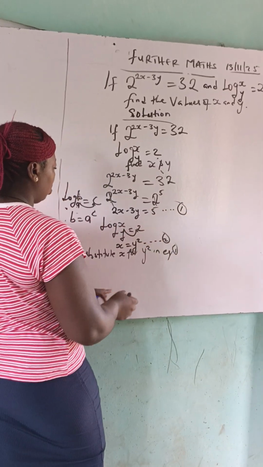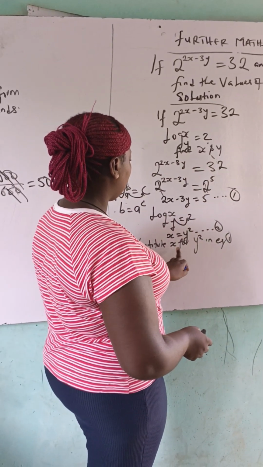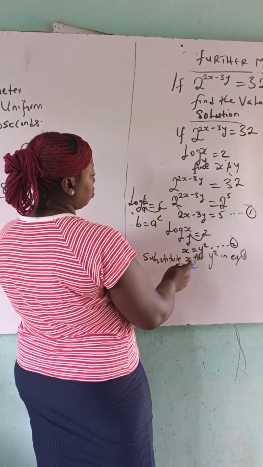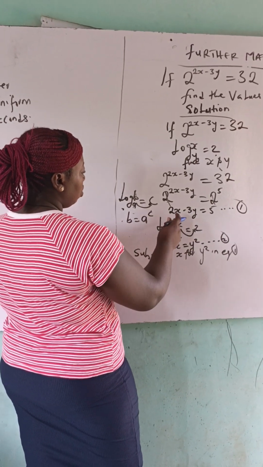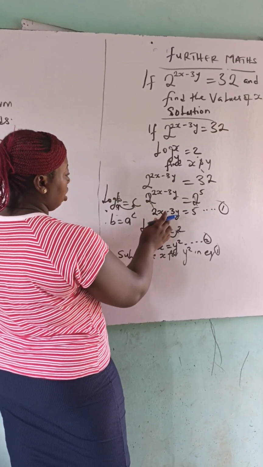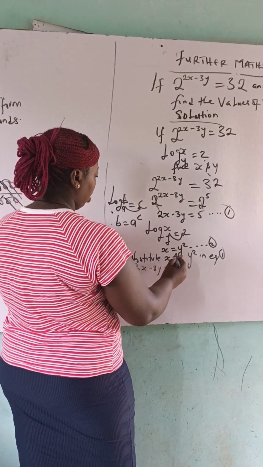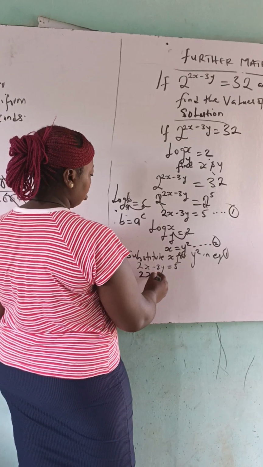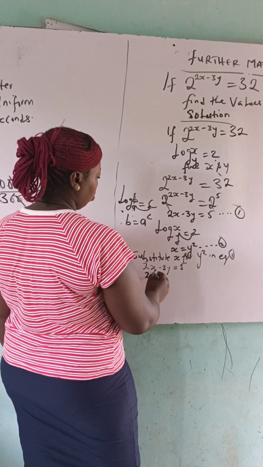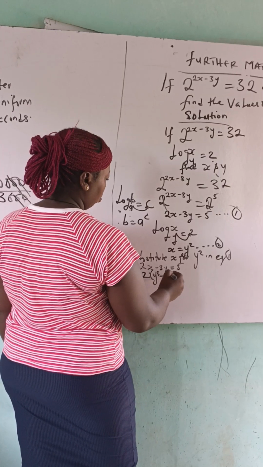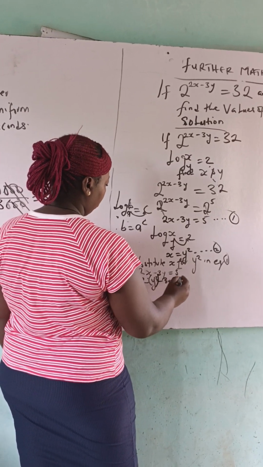Anywhere we see x, replace it with y to the power of 2. So in equation 1 we have 2x minus 3y is equal to 5, which becomes 2y squared minus 3y is equal to 5.